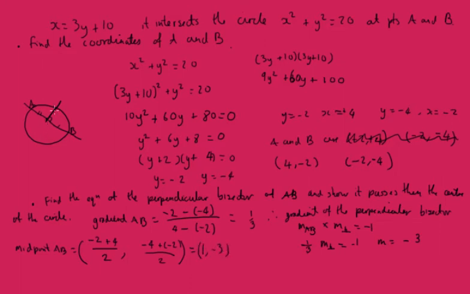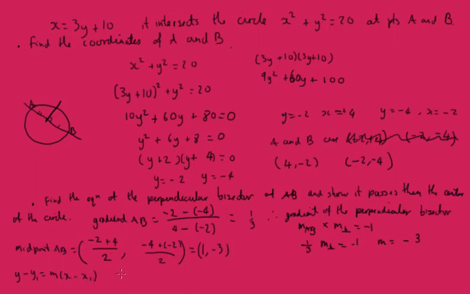So the midpoint is one of the points of the perpendicular bisector. So we're going to use our general equation for a straight line: y minus y1 equals m(x minus x1).